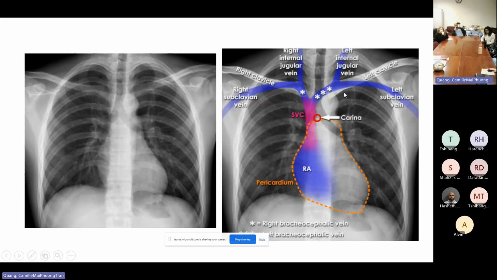So this is some anatomy when you're going to put in central lines. So your right IJ, left IJ, and then your subclavians. And then this is your SVC. Do you guys know where you want your central line to be? Right after the SVC goes into the right atrium.